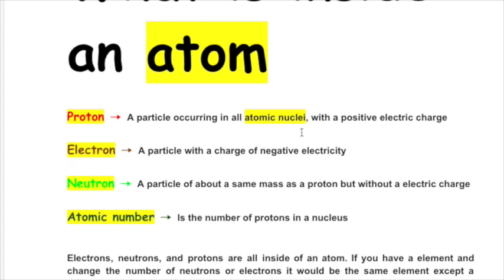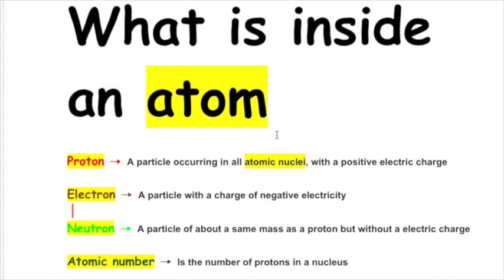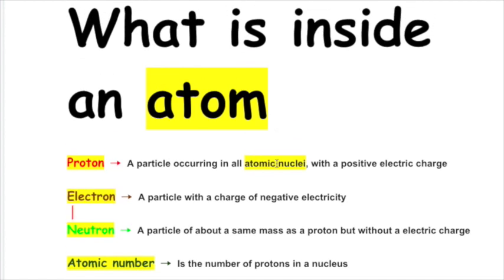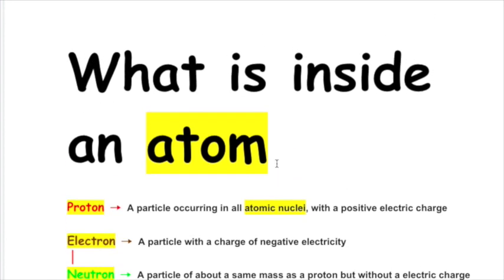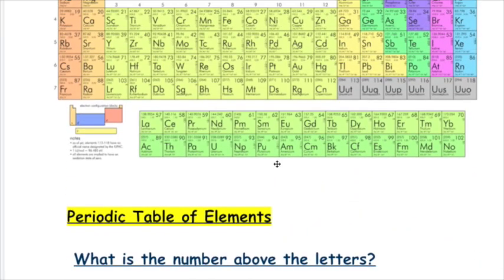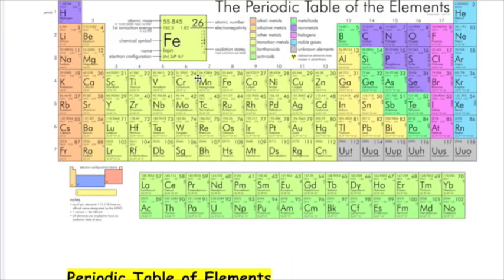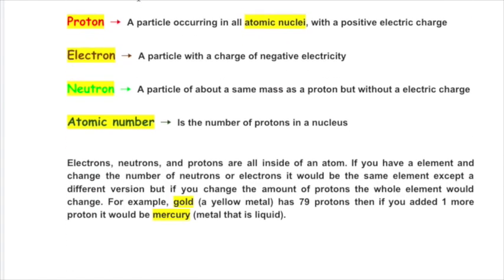So what this means is that a proton is a type of particle, and it's a positive electric charge. That means in an atom, for example hydrogen, we have a positive electric charge, and that positive electric charge is a proton.